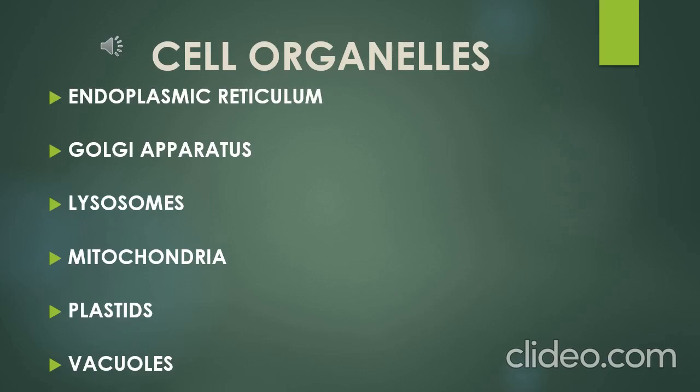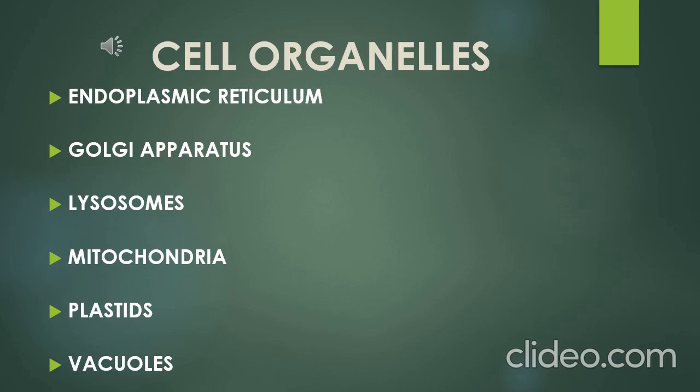What are these cell organelles? These cell organelles are the specific structures which perform specific functions inside the cell. Also, these cell organelles are enclosed by a membrane. Every cell organelle has its own membrane.